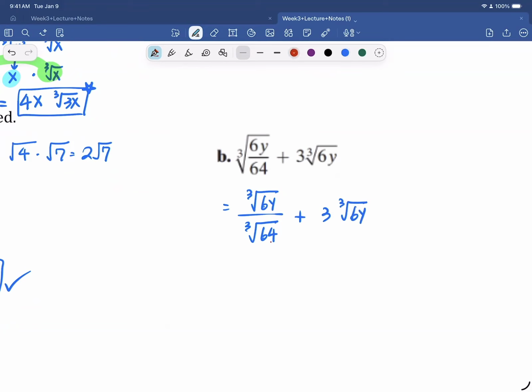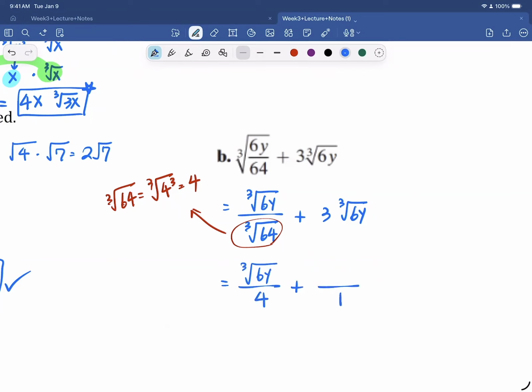You can bring up 64 as the third root of 4 cubed. Isn't it 4 times 4 times 4 is 64? So that's why this is the 4. So actually, third root of 6y over 4.